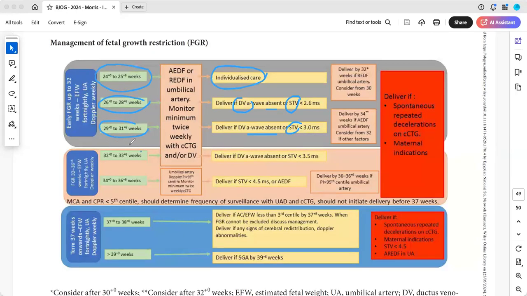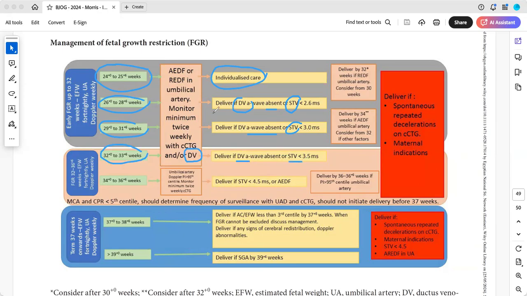So here also is for 32 to 33 plus 6, which is still valid to follow them up with the ductus venosus. Decision for delivery will be when the ductus venosus A wave is absent, or the STV is less than 3.5.